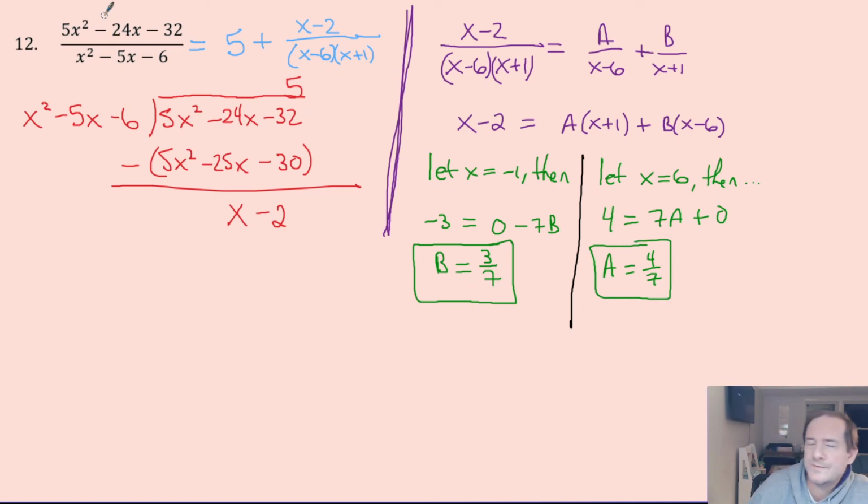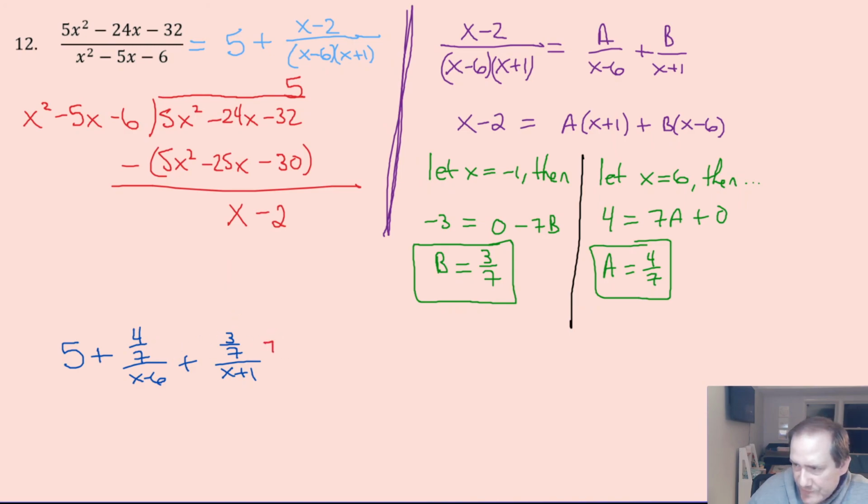So then it seems to me that our original expression is going to be 5. We got the 5 plus this thing in its partial fraction decomposed form, which is 4/7 over x minus 6, plus 3/7 over x plus 1. Alright, again, this is unacceptably ugly.